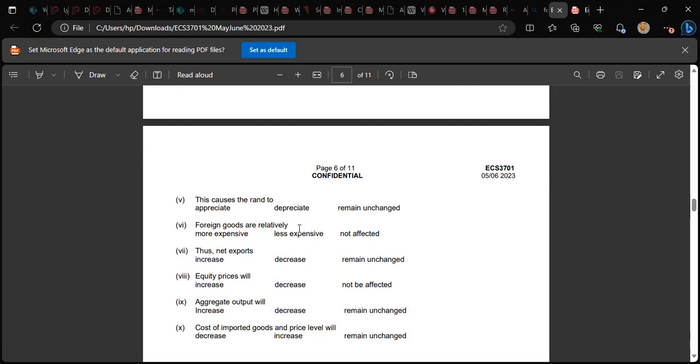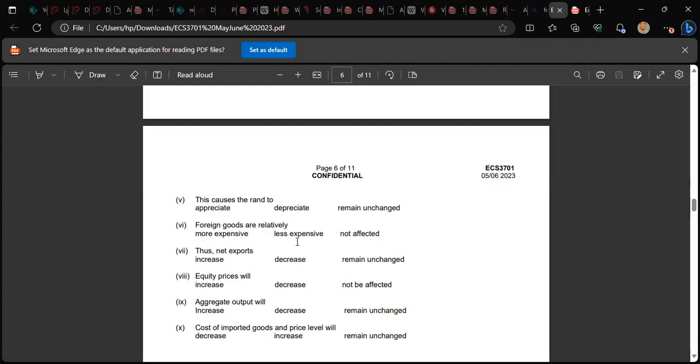So what's the effect of this on net exports? What is net exports? Net exports, you are basically looking at your exports minus your imports. So this is your net exports. Because foreign goods are relatively less expensive, in other words they become cheaper, we expect that in real terms you are going to be importing more.